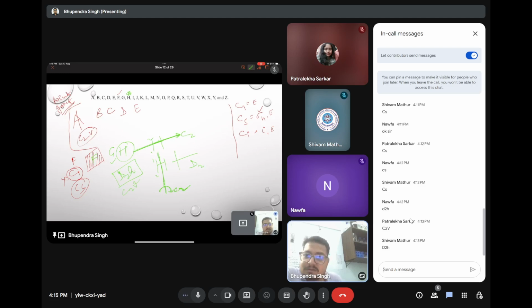This is your plane. This is your paper, where you are writing. So this is your plane, and this is your C2. You are rotating this. So sigma H is present, I believe. Tell me how many C2s are you able to see? How many C2s are present in H?